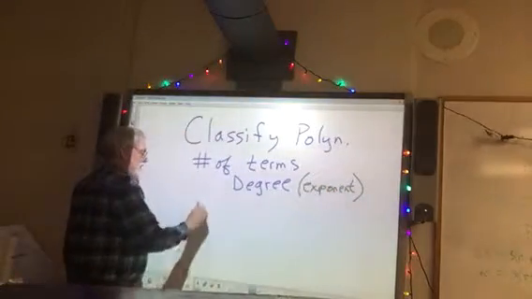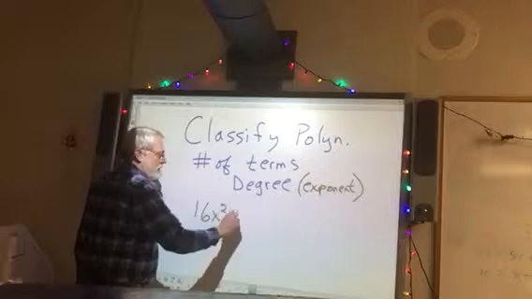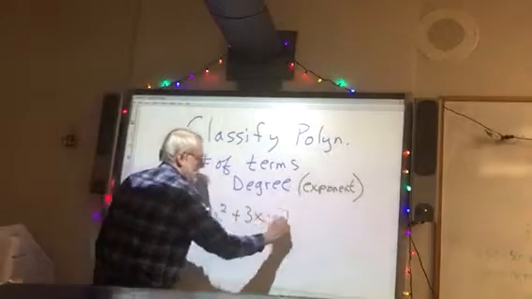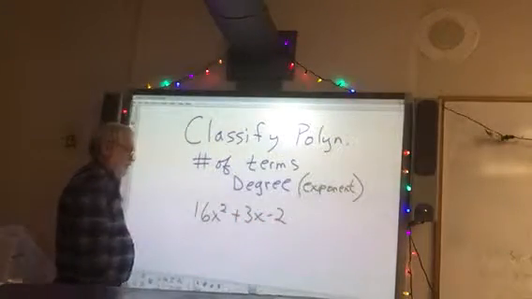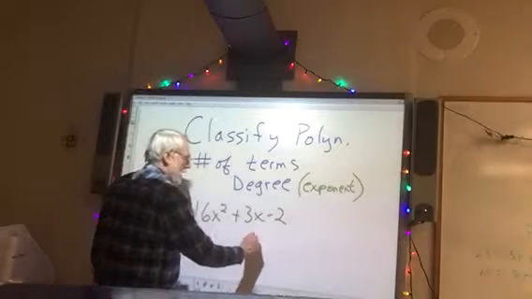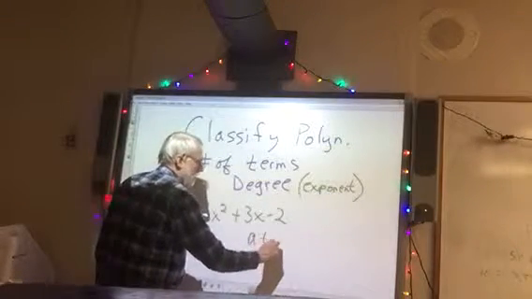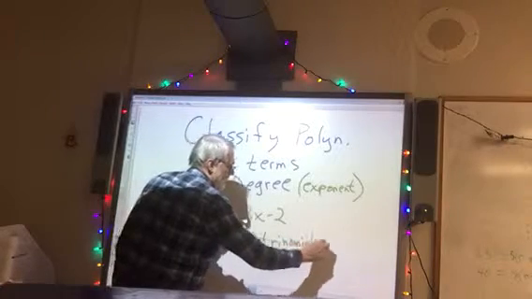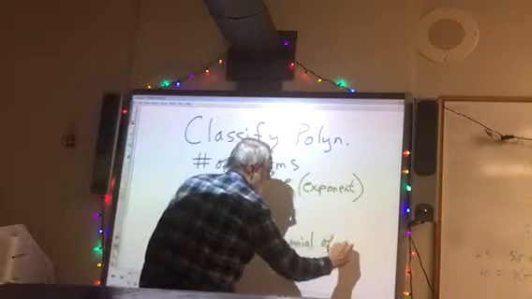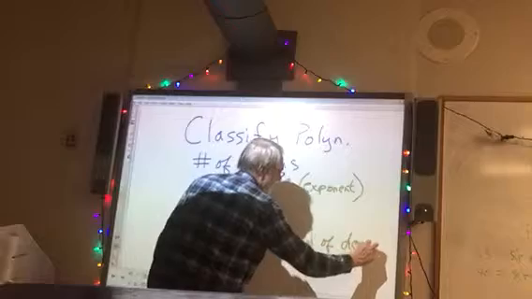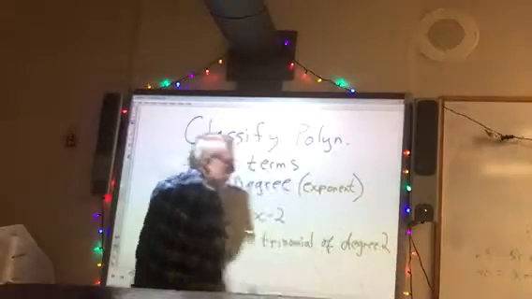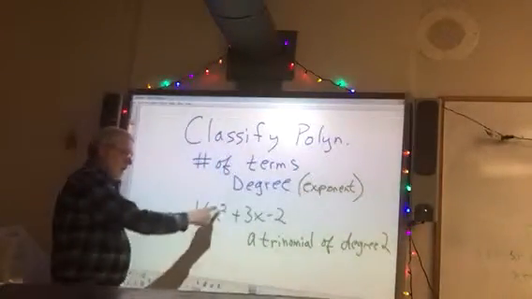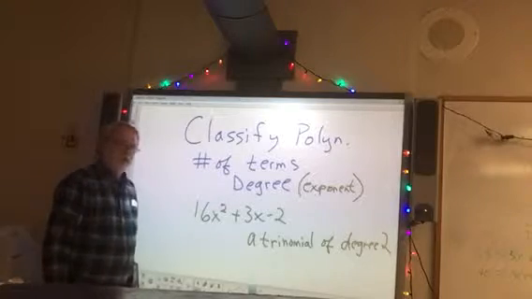So that 16x squared plus 3x minus 2, I think that's what it was, would be considered a trinomial of degree 2. Or we could say a second degree trinomial if you wanted to. You could word it that way.